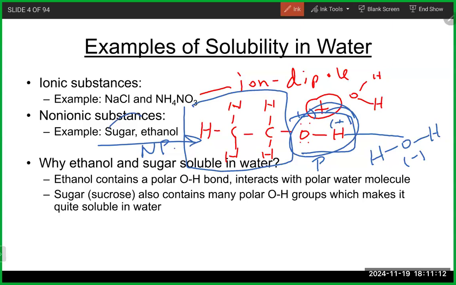Now, sugar is a relatively good sized molecule, but one of the added benefits that sugar has, and we'll see a picture of it in a second, is that it pretty much is littered with OH groups all over it. So it has a lot of these OH groups all over a sugar molecule, and we know for sure sugar will dissolve in water. Everywhere there's an OH group on sugar allows it to interact well with water, to hydrogen bond with water, and it makes it very, very soluble.